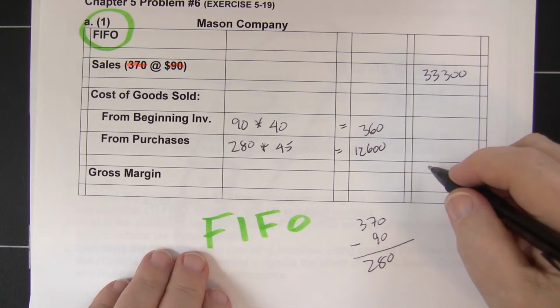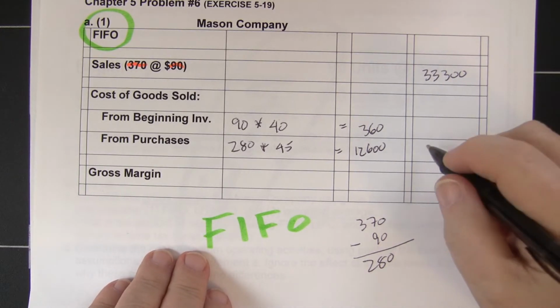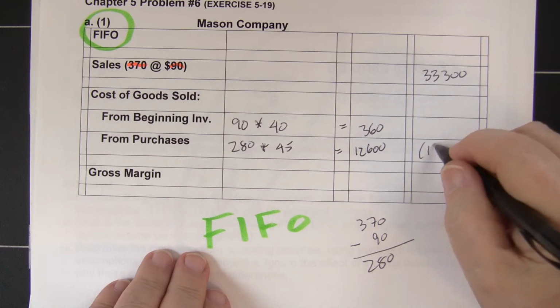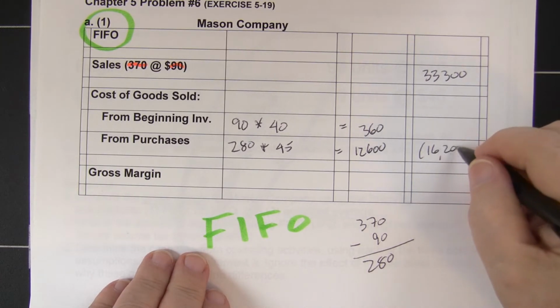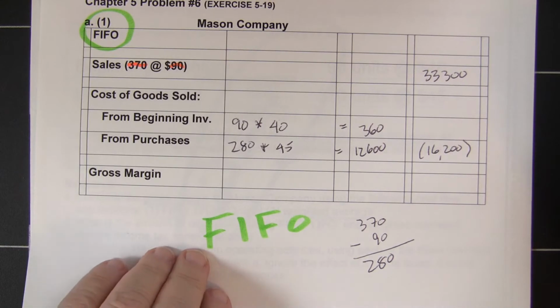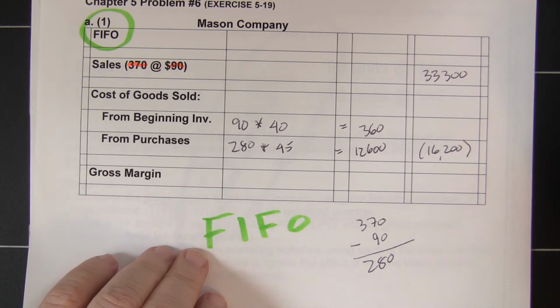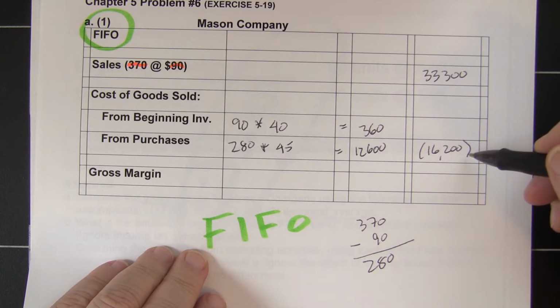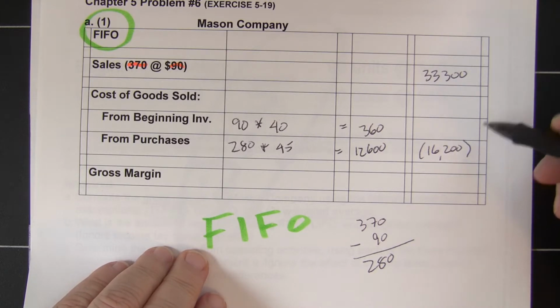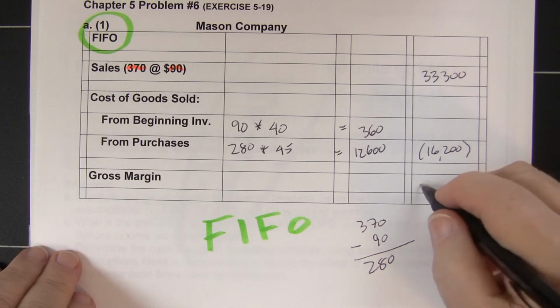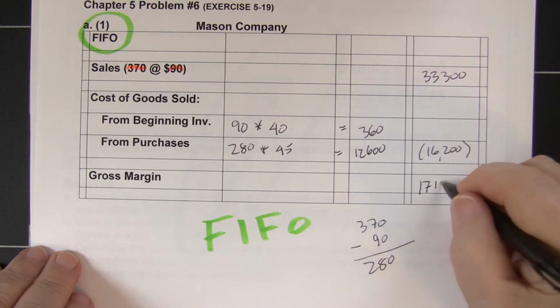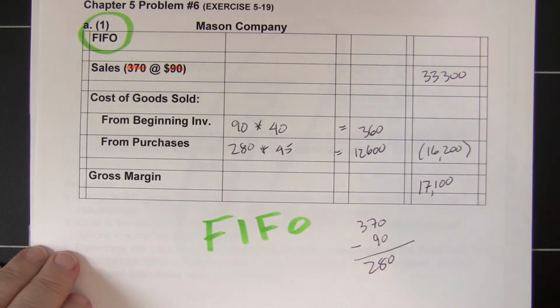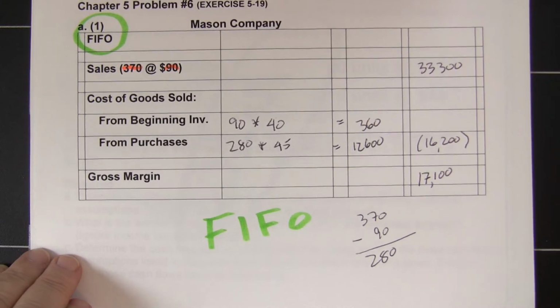So the total cost of goods sold, $16,200. And remember, our definition of gross margin is sales minus cost of goods sold, and our gross margin is 17,100 under FIFO.